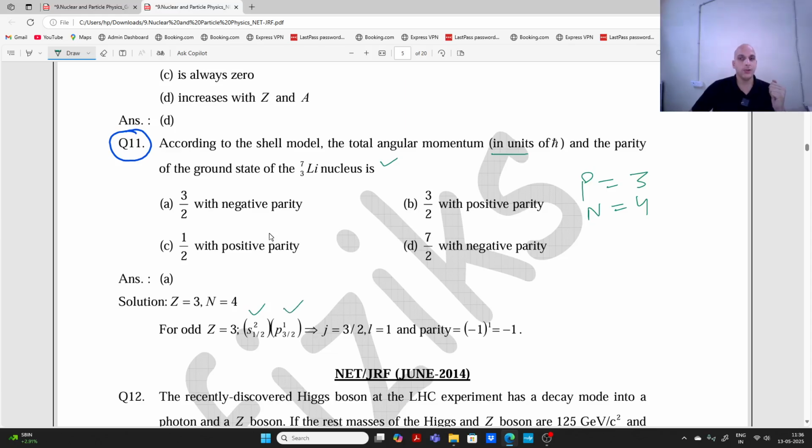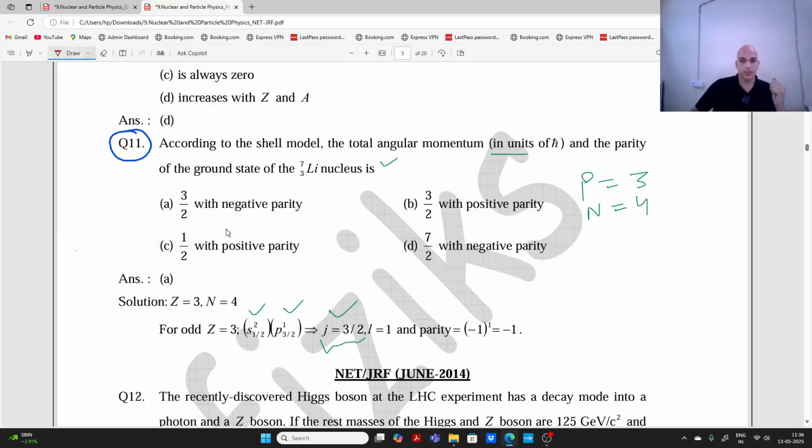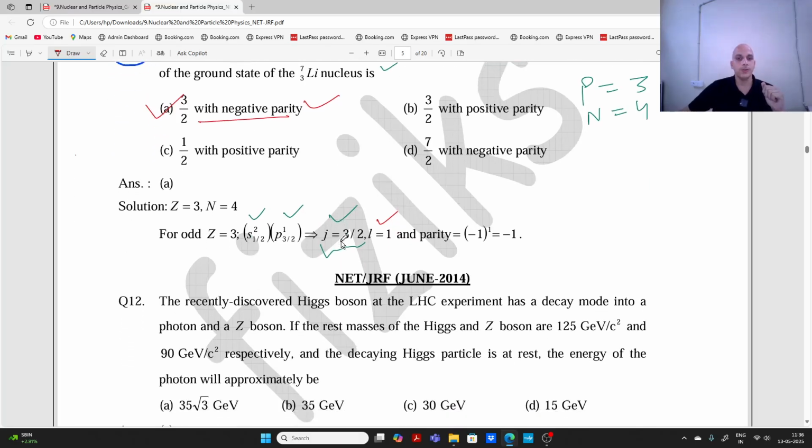So the last nucleon, that is proton, goes to the 1p state. So J is 3/2 and L is 1. So I can write the parity as negative and the spin as 3/2. So the correct answer is 3/2 with negative parity. It was a very simple question, right?